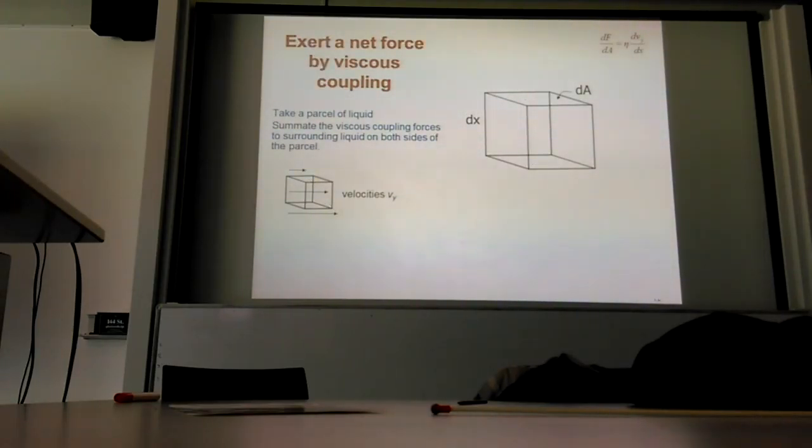So how can we exert a net force by viscous coupling? Now, we can if the velocity profile is not linear. And so in this case, the difference between the velocity of the top parcel and our parcel of interest is large.